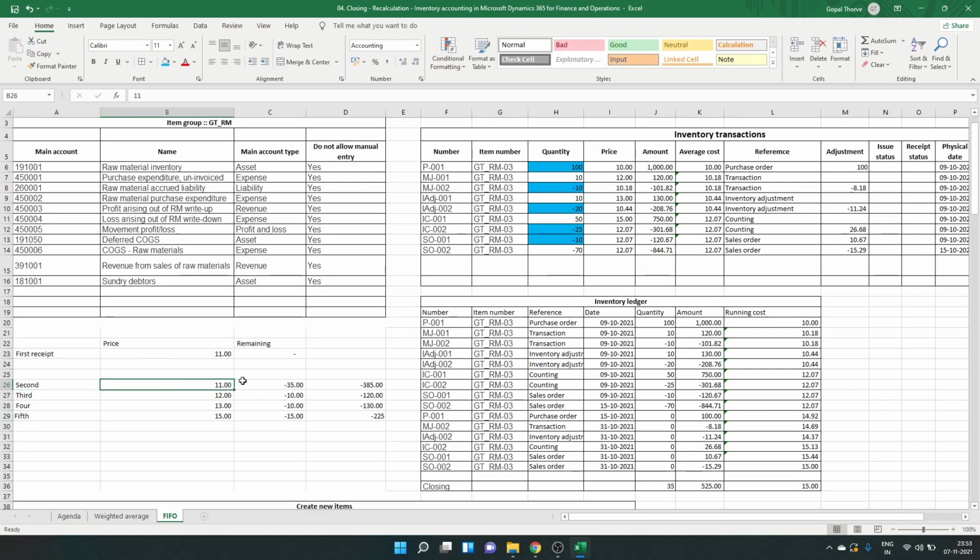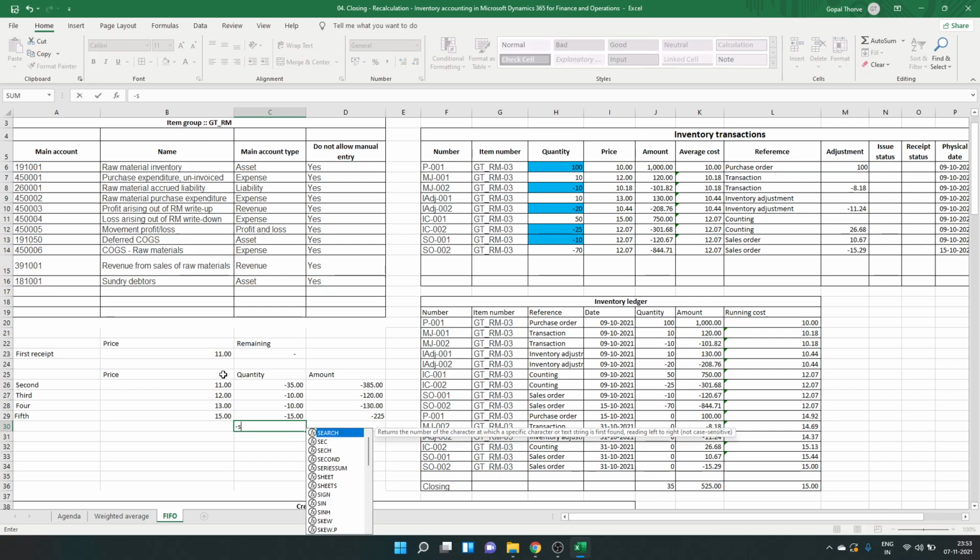So I can say this is price, quantity, and amount. For the last sales transactions, the total amount is minus the sum of this.